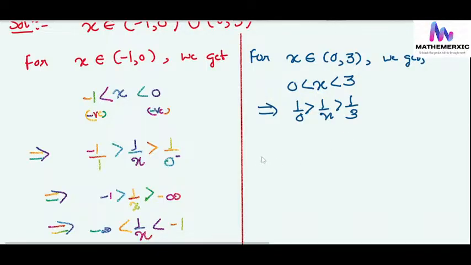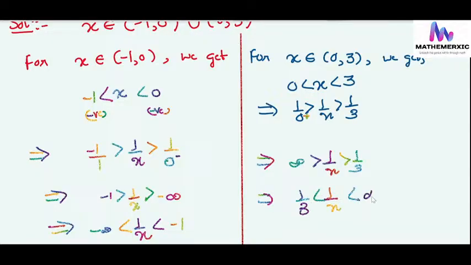Slightly positive it is, so it is 0 plus, I can say. So with a small value, I'll get a big infinity. And 1 by x, 1 by 3, or I can say 1 by x is greater than 1 by 3 but less than infinity.